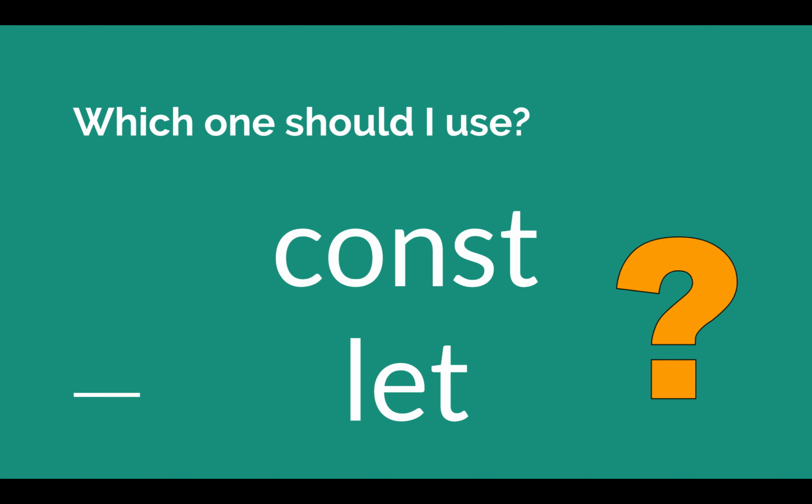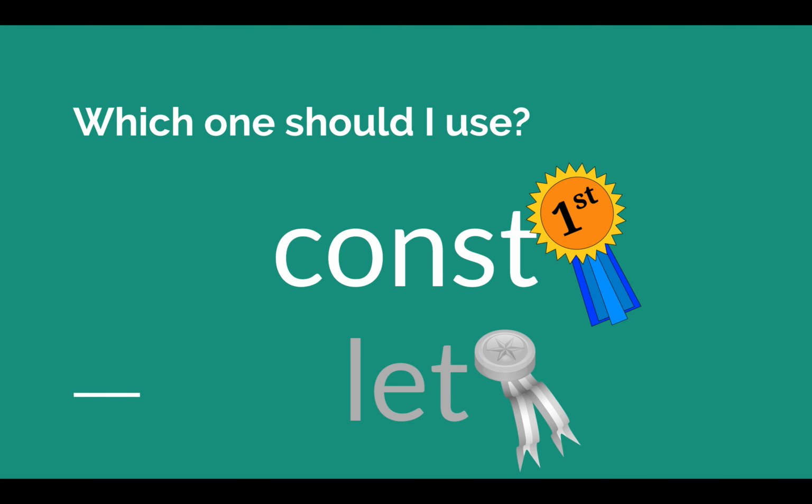Which one should you use? What are the major differences between them? Well, prefer const, and let is a good second place. The reason why you should prefer const and constant variables is because it gives you certainty on how the program's going to run.